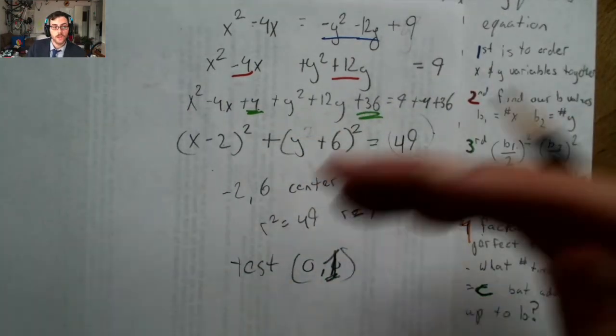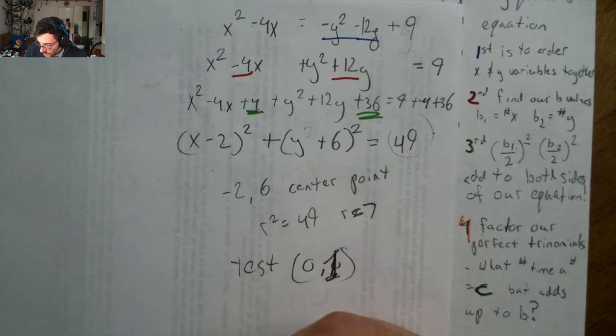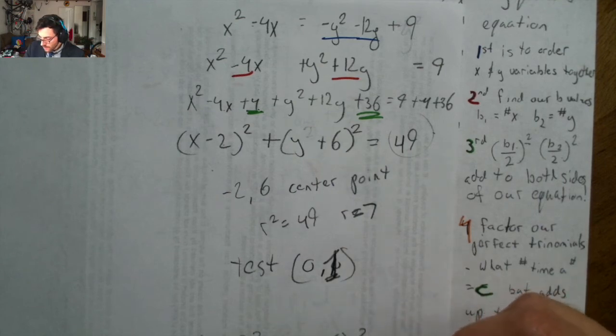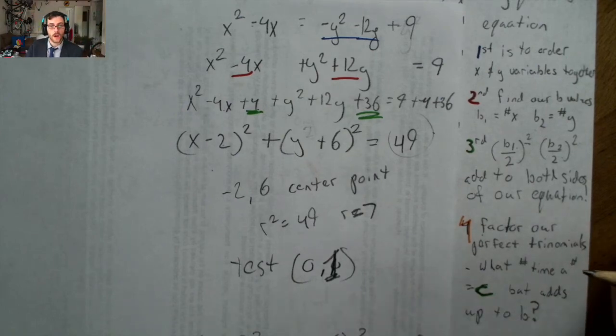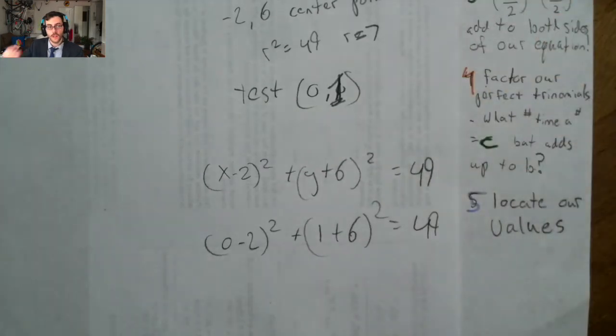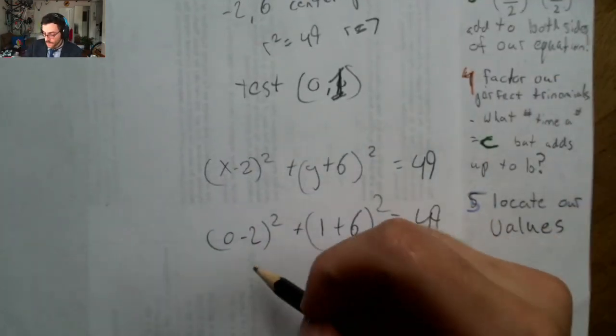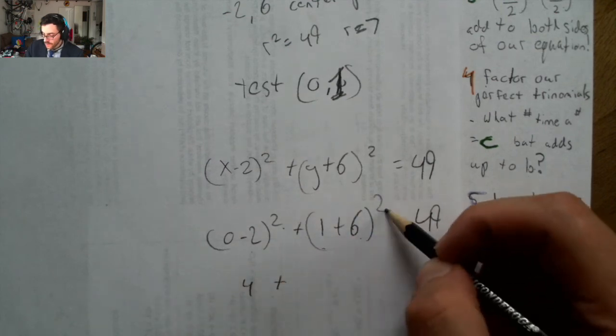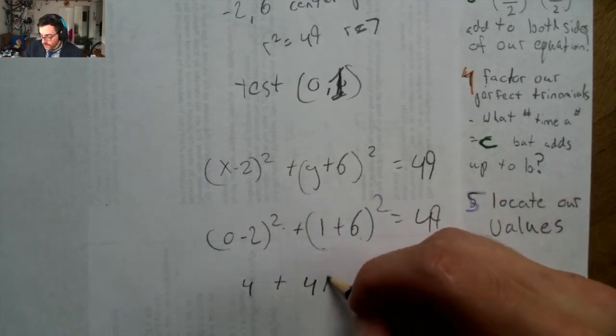So if we go ahead and rewrite our equation, I'm going to input our values here, and then check to see if they are equal to one another on the left-hand side of the equation. -2 squared gives us positive 4. 7 squared gives us positive 49.